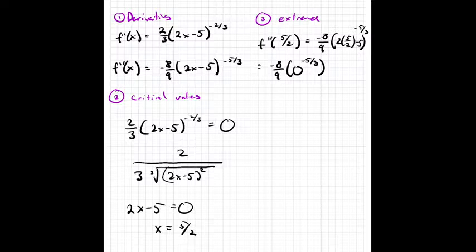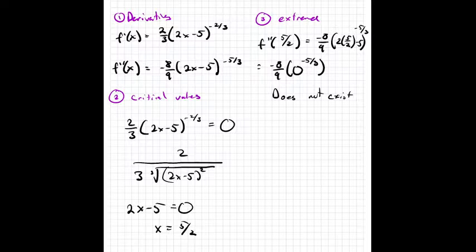So I'm going to say undefined, or does not exist. Okay, so I think that maybe we cannot use the second derivative test.